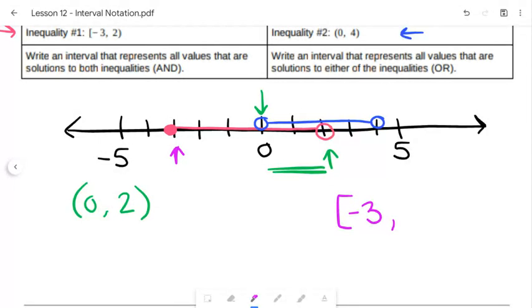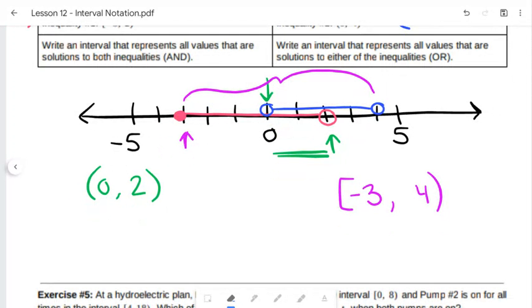But I'm going all the way, so everything is included because it's an or. So I go all the way to +4, excuse me, +4, but it is not included because it's that open circle. Okay, so or is everything, where and is specifically where they both are true.